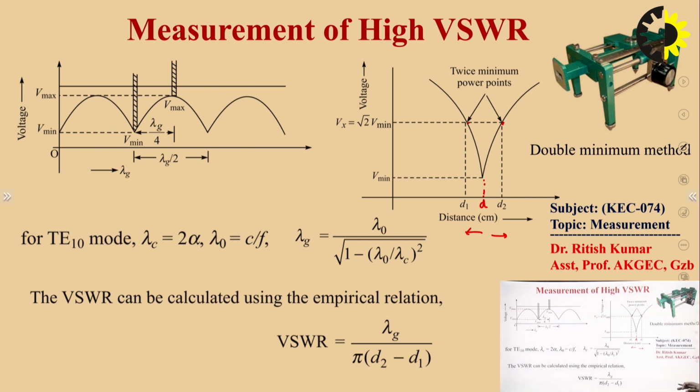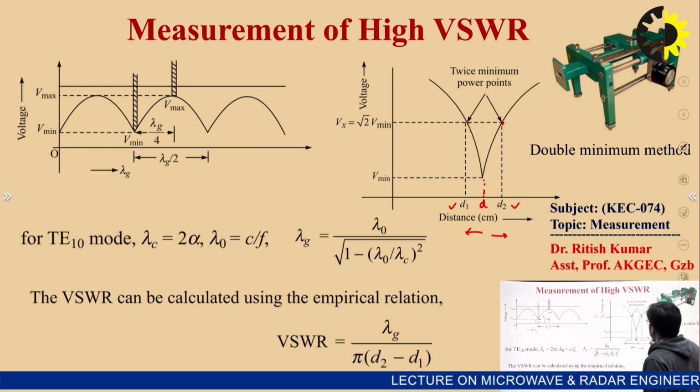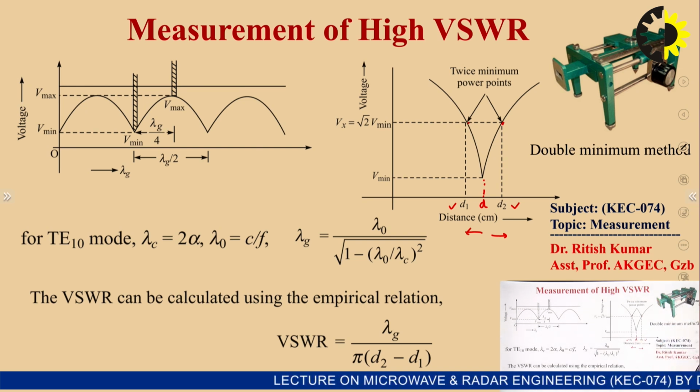In other words, this is the point where you have twice the power, so these are the doubling power points. These 2 points are represented by D1 and D2. You get these 2 points with the help of this knob.